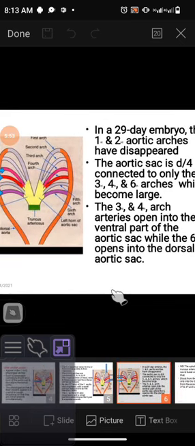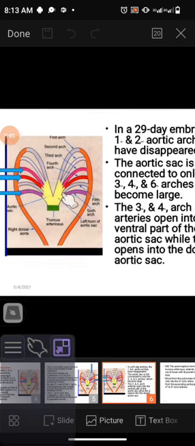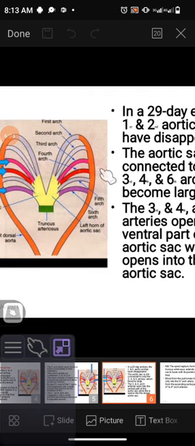Okay, the third and the fourth, remember the first and second are gone. So we now have the third and the fourth arches open into the ventral portion of the sac, whereas the sixth opens into the dorsal portion. We'll see the reason why this happens.